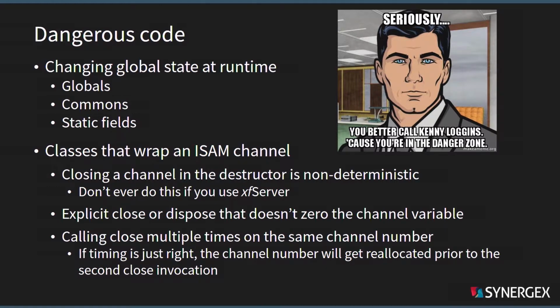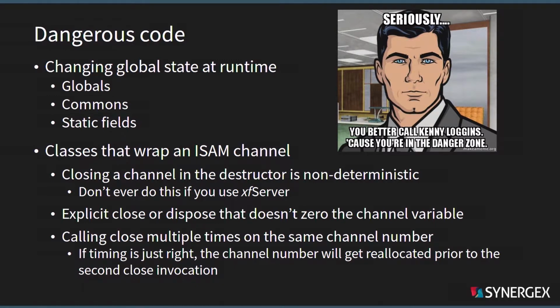So if you close a channel in the destructor, so that's the tilde class name method that exists inside of a class, if you have a close statement in there, when you move to .NET, or if you run in .NET, or if you're already in .NET, you don't know when that's going to run. It'll run when it feels like running, not when you thought it was going to run. So if you are using Access Server, this is especially unhealthy for your application.